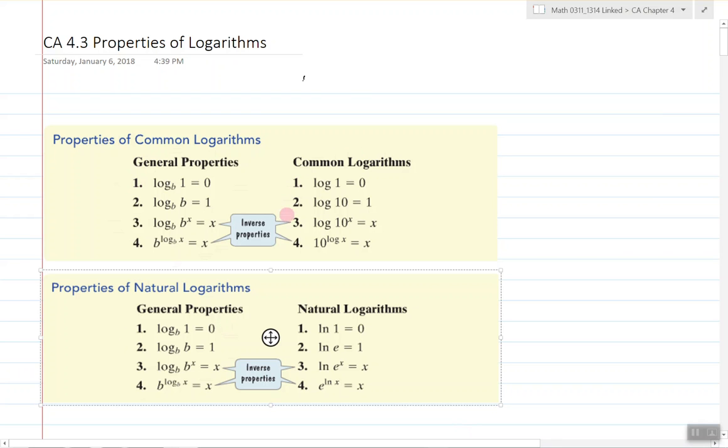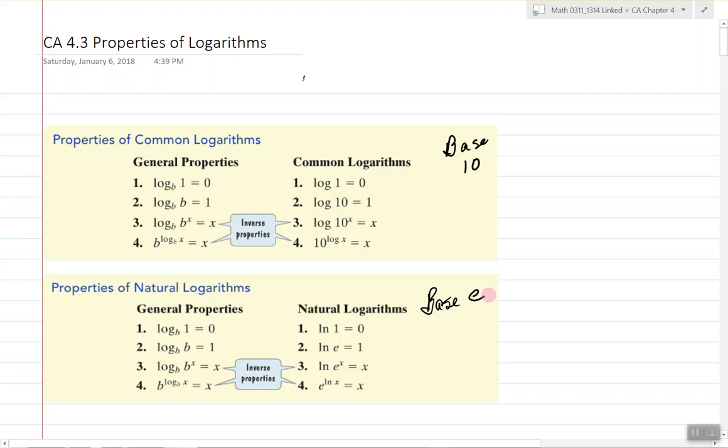And then it shows them in application with common logs. Remember, common logs have a base of 10, and it shows these same properties with natural logarithms, and these are base e.